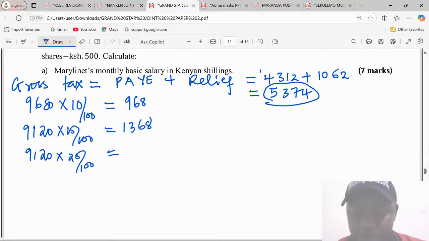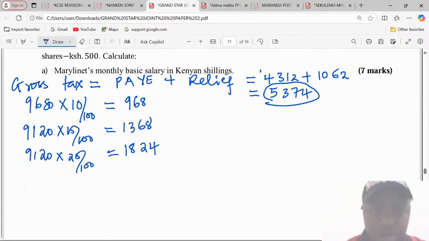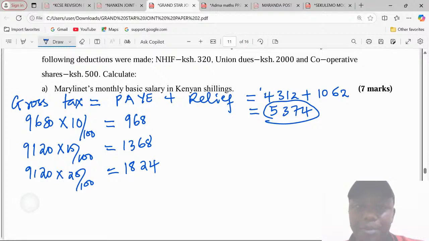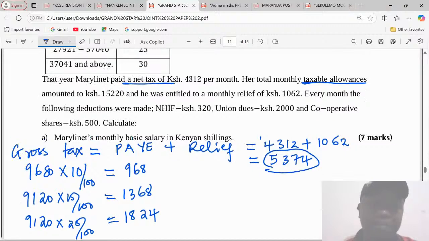So at the rate of 20%, I'm getting 1824. When I add up all the taxes, still I'm not at 5374. So we can keep taxing.